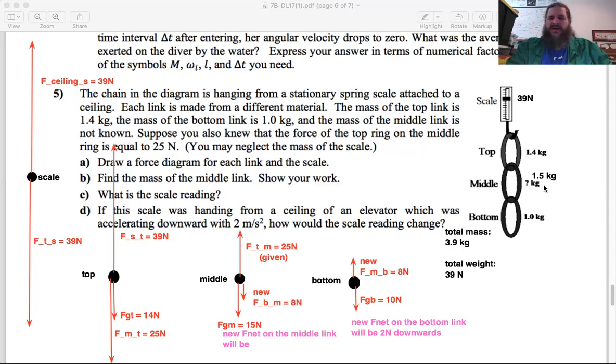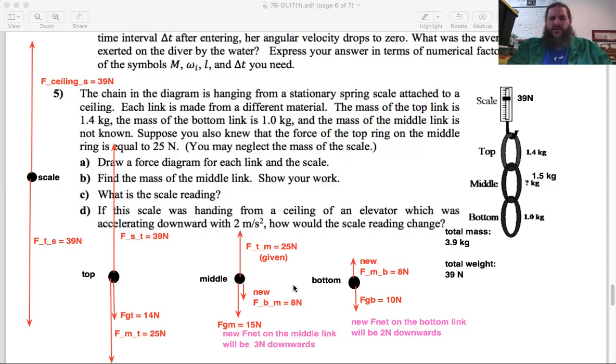Once again, we can multiply mass times acceleration to get the total force. And what is mass times acceleration here? Yeah, 3 newtons downwards. 1.5 kilograms times 2 meters per second squared downwards is 3 newtons downwards.